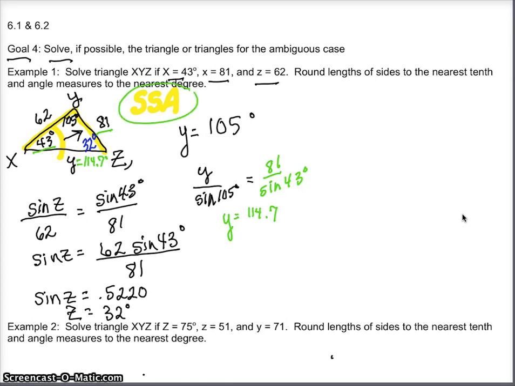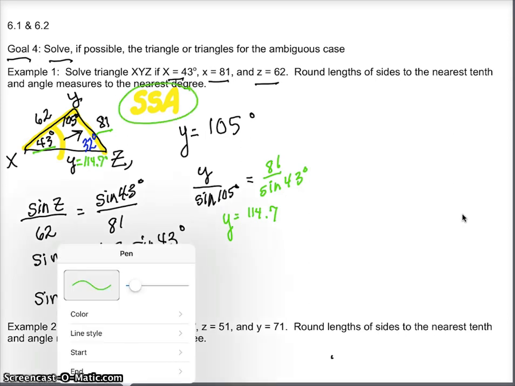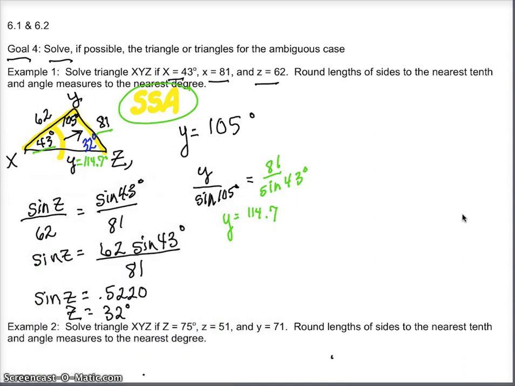Since this is side-side-angle, we know there's a possibility now of having two triangles. We've already eliminated the possibility of no triangle because we solved this first triangle and came up with valid values for all. So how do I prove whether or not I actually have a second triangle?